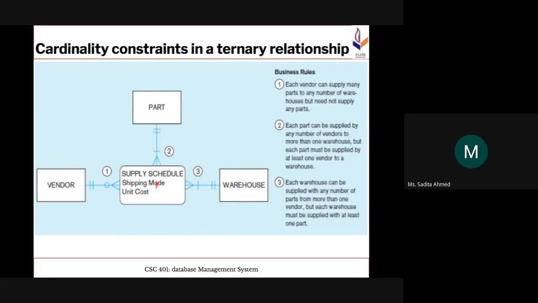Supply schedule table at least একটা রোতে ওই specific warehouse instance থাকতেই হবে. The warehouse instance must be there in at least one row in the supply schedule. It could be there in multiple rows. The prose food tells us that it could be there in multiple rows, but it must be there in at least one row. At least একটা রোতে থাকতেই হবে.